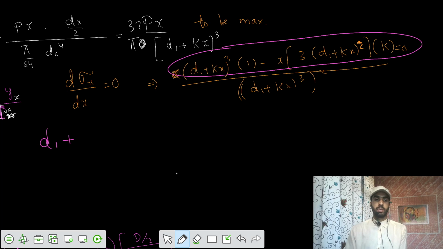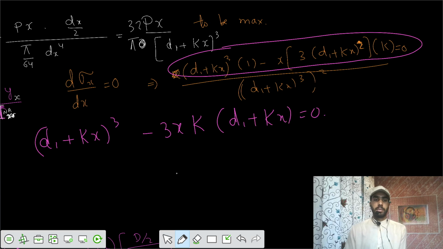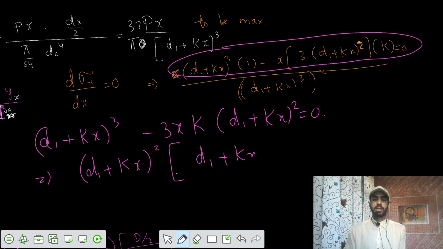So we can say d1 plus kx whole cube minus 3kx times d1 plus kx squared equals 0. This was a square, so we can take it common, and we are left with d1 plus kx minus 3kx equals 0.